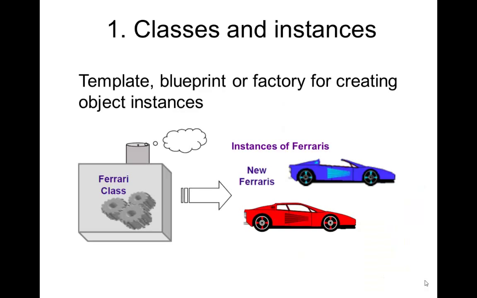So we've met classes and instances, but let's meet them again. Instances are the individual objects in the world, and classes are groups of those objects that share common attributes and common methods.